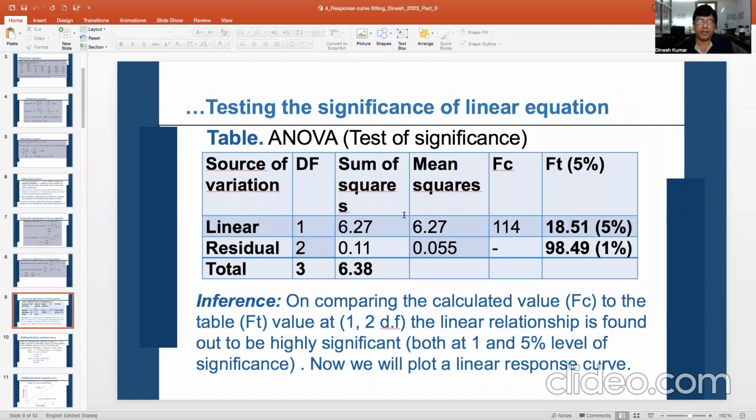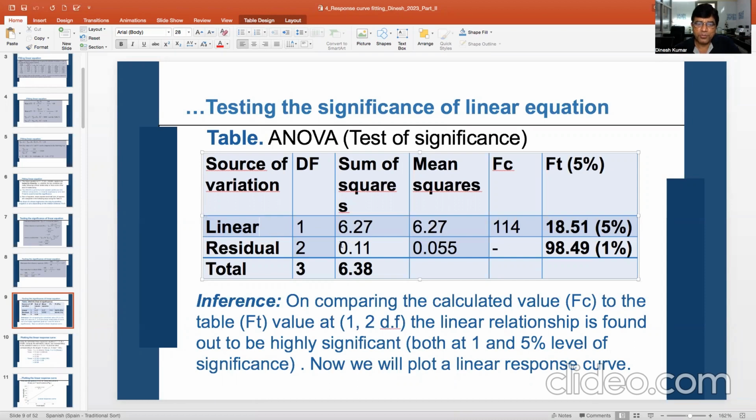Now you see this table. The first column is sources of variation. There are two sources: linear, which you can consider as regression, sometimes I use them interchangeably, and residual. So regression and residual. Residual is your error.